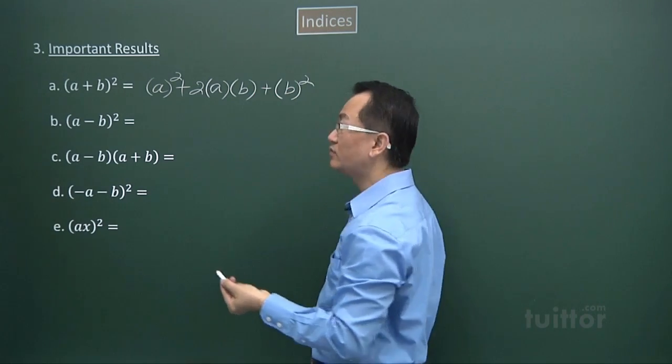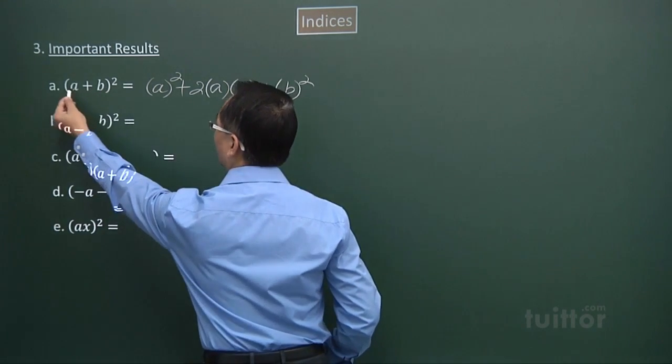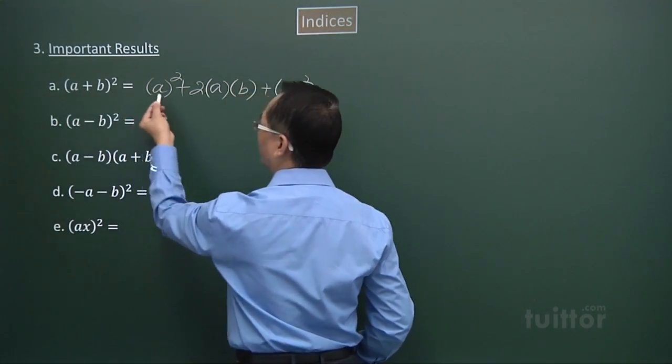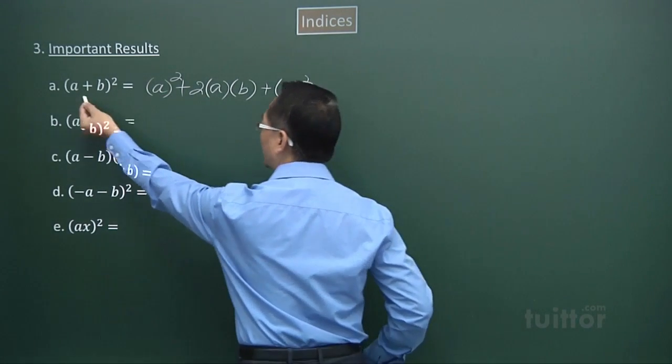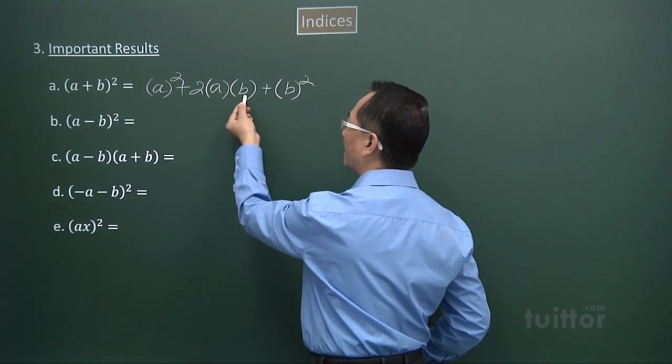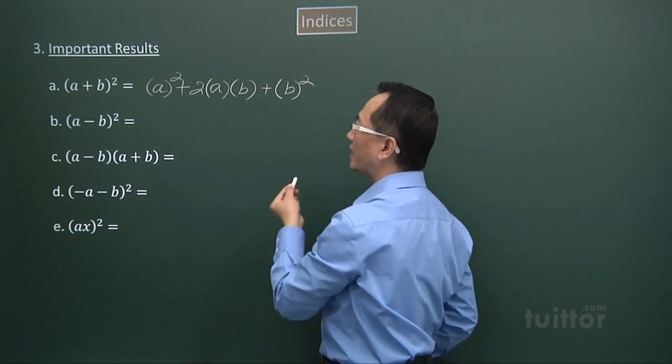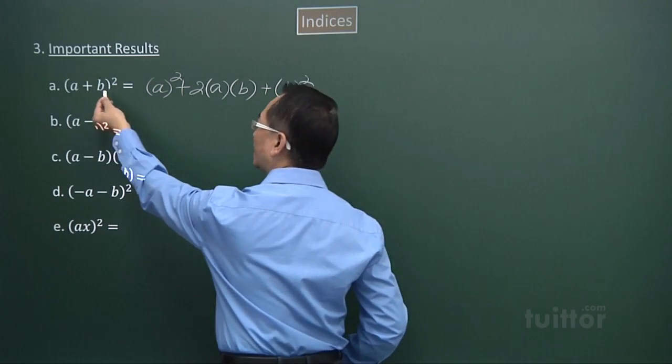So there are 2 terms in the bracket here. So the first 2 sets of the bracket, I'll put in a, the first term in the bracket, and then the next 2 sets of bracket, I'll put in the second term.